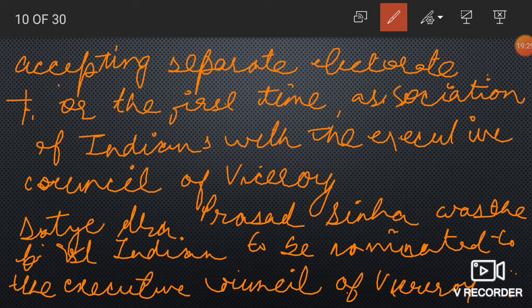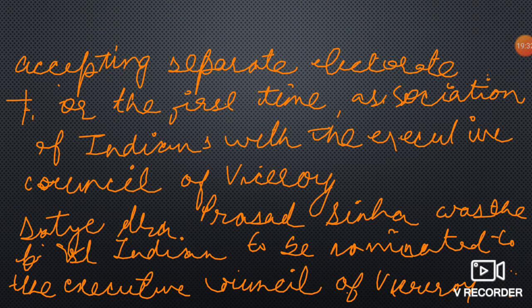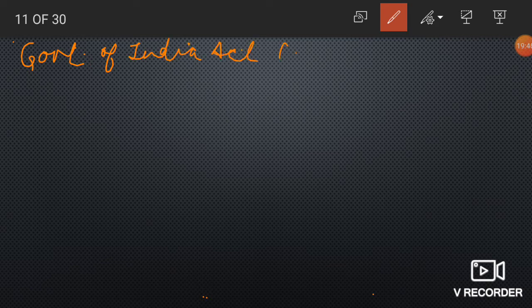Okay, so after 1909 another act was passed 10 years later in 1919. That was the Government of India Act 1919. This is not a history class, this is in the series of polity.